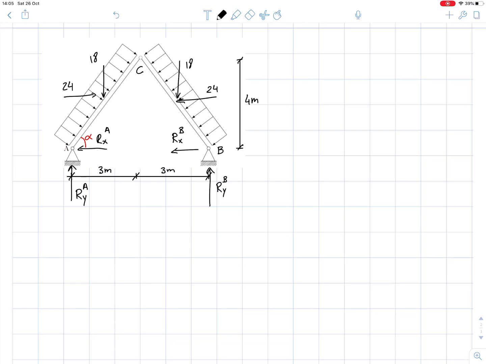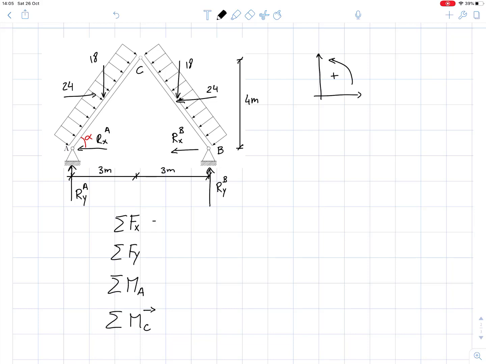I can use as equations of equilibrium the sum of horizontal forces, the sum of vertical forces, the sum of moments relative to point A, and the sum of moments relative to the hinge, to either the left or the right. I'm going to use the usual convention for positive forces and moments.